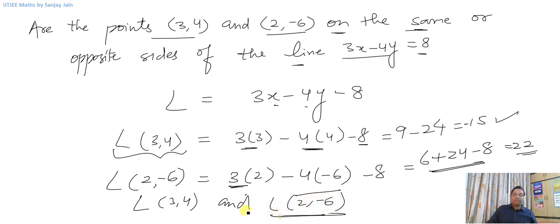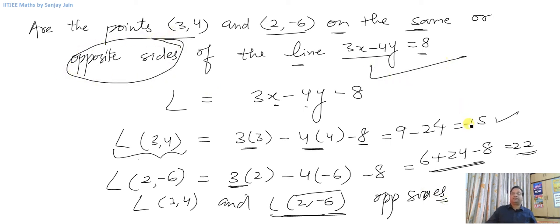When I put 3 and 4 in place of x and y in the line, these are of opposite signs. So of course these are on opposite sides of this line 3x - 4y - 8 = 0.